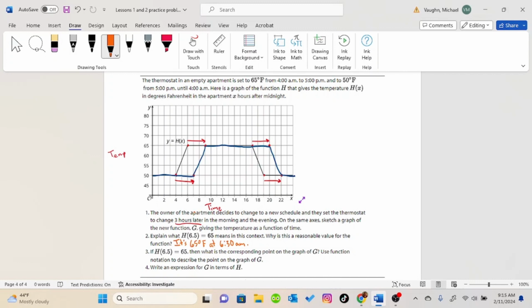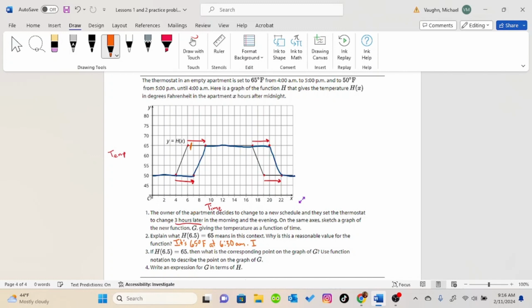Why is this a reasonable value for the function? Because we can see up here on the graph, the point would be right here. We have 6.5, which is 6:30 in the morning, and we have 65-degree temperature because that is the temperature that the landlord sets the thermostat to for that time.